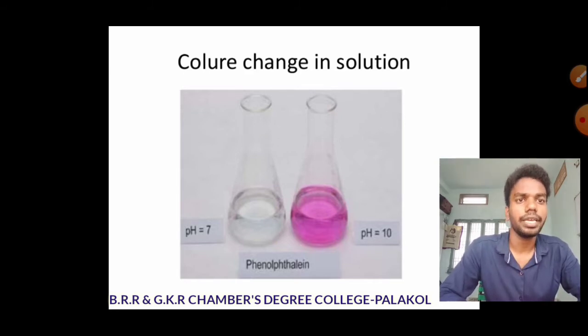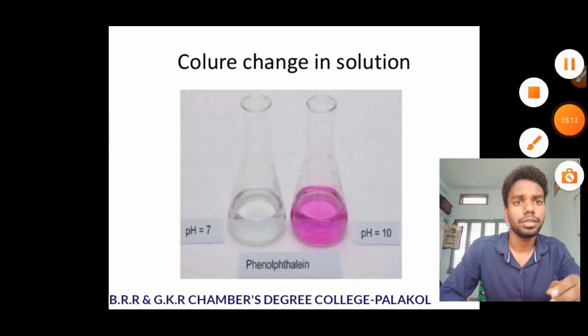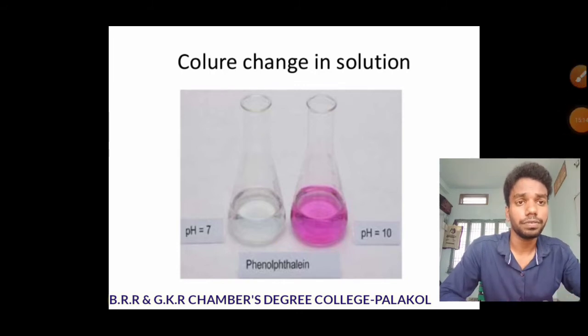In the second flask, it appears pink in color, because in that conical flask we have a base, that is Na+ and OH-. Now we are adding 1 or 2 drops of phenolphthalein indicator, which gives Ph- and H+, and the NaOH solution gives Na+ and OH-. Here there is no common ion effect.